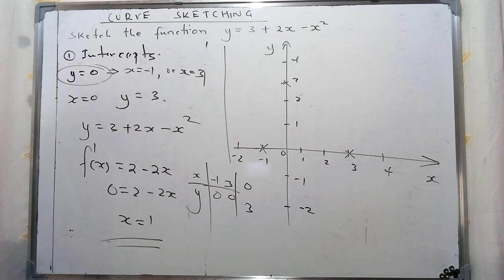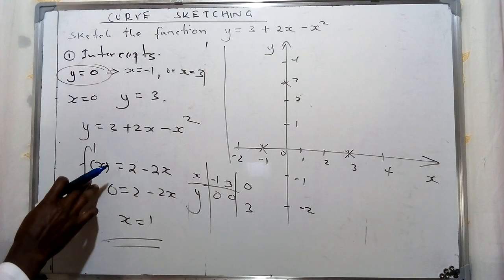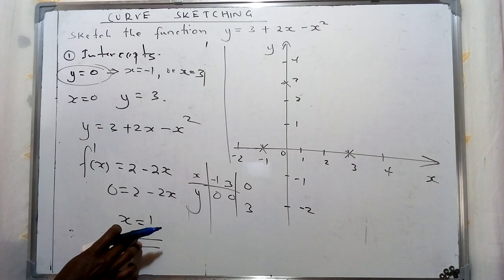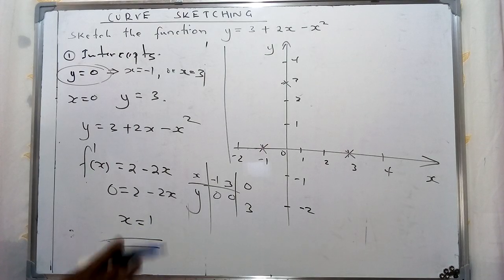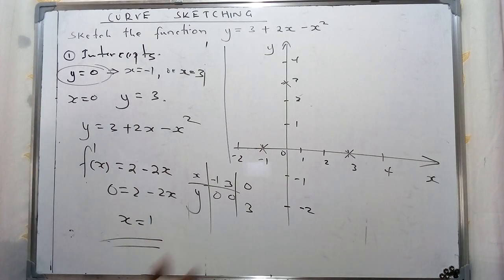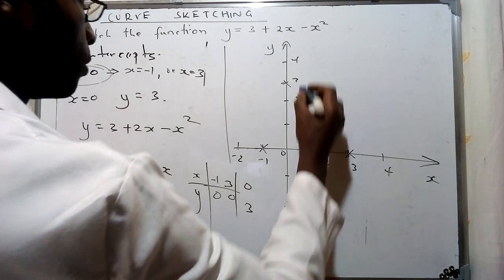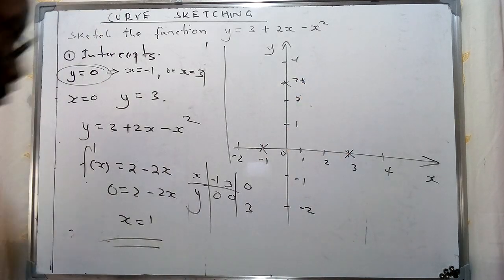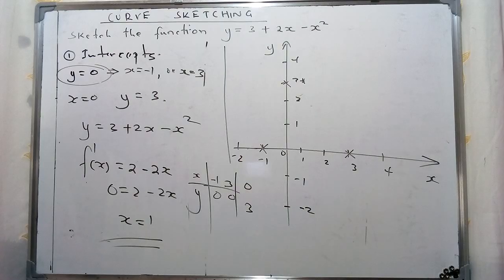So in this case, to identify these particular solutions, we have said that at x equivalent to 1, we have a maximum point. So whenever x is equal to 1, the function has a maximum value.